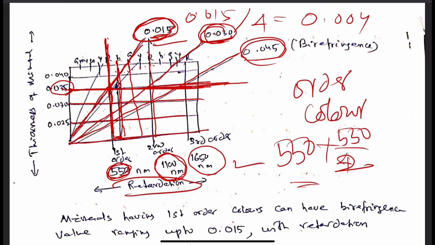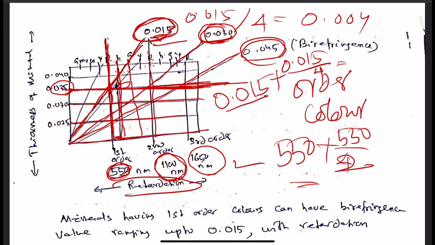If it is showing second order blue, then the birefringence value will be 0.015, because first order red shows 0.015 birefringence. Then it will be more than that because it is second order blue. One segment has passed, so it will be 0.015 plus 0.015 divided by 4. This will be the birefringence value.